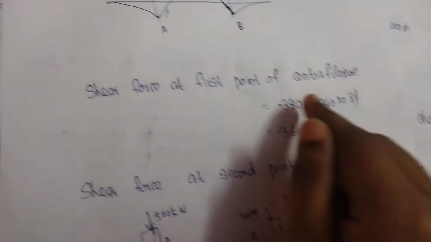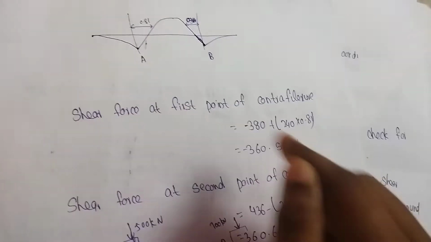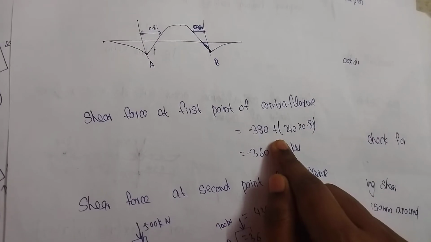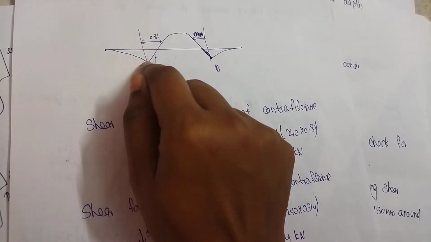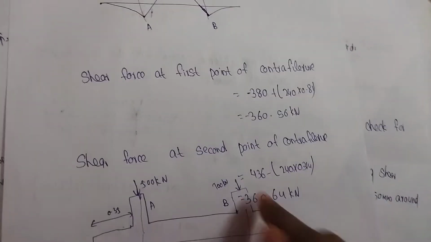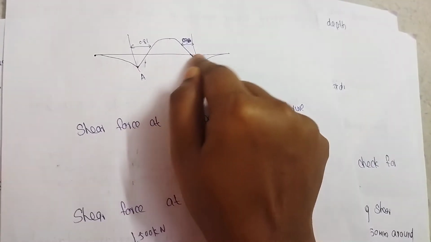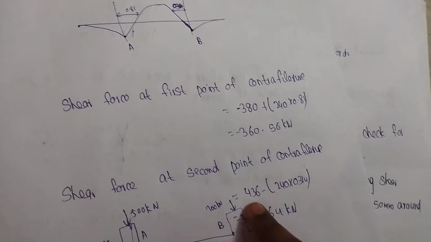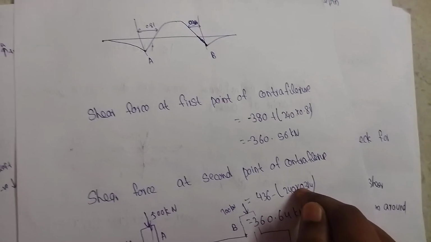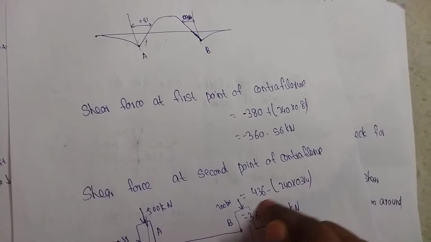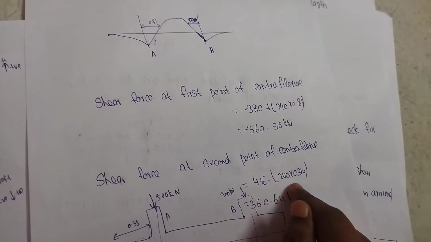The first point of contraflexure is near to A. So first we take that minus 380 plus 240, that is the upward pressure, into 0.81. The second value is for the point of contraflexure near to B, where 436 is taken from the shear force to left of B, that is inside B, 436 into the same, but the sign is different.